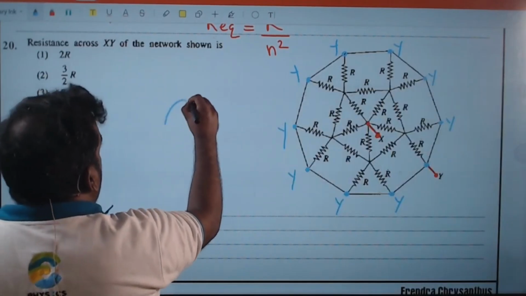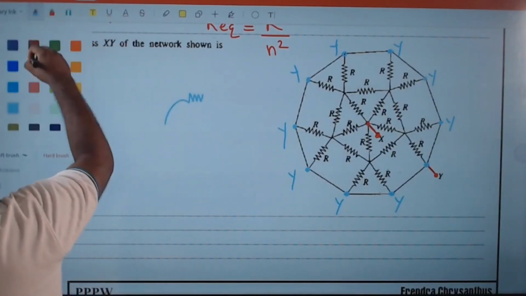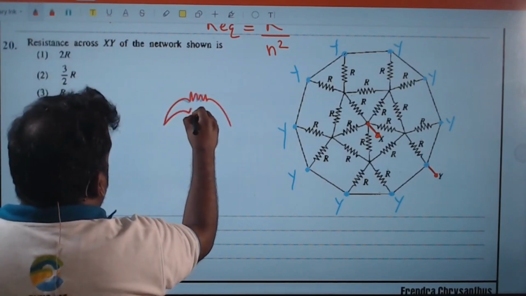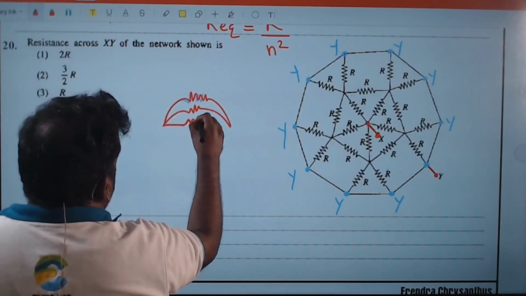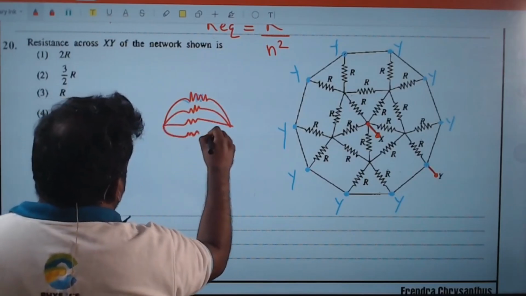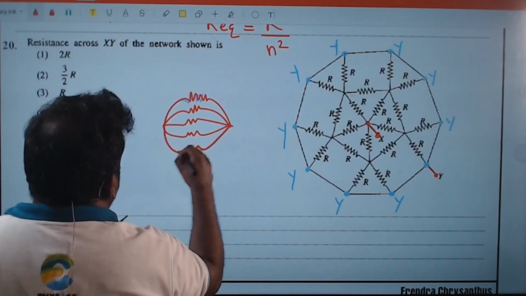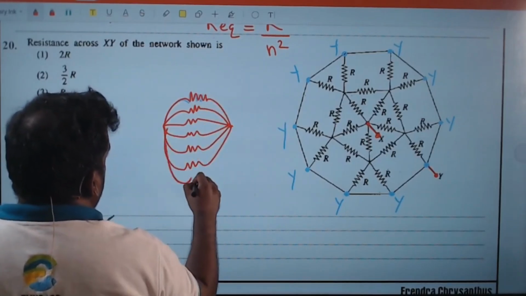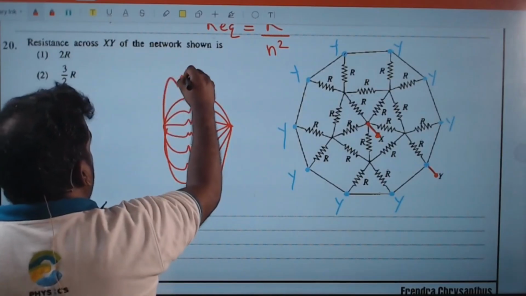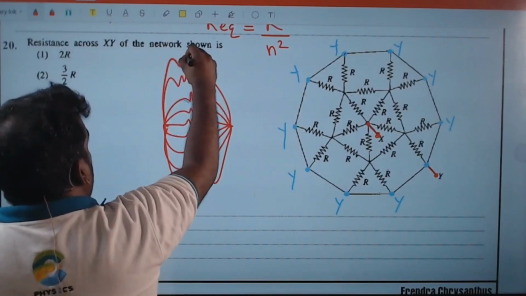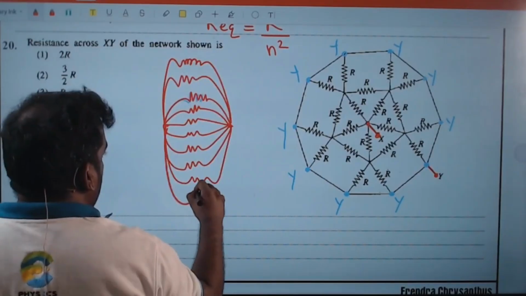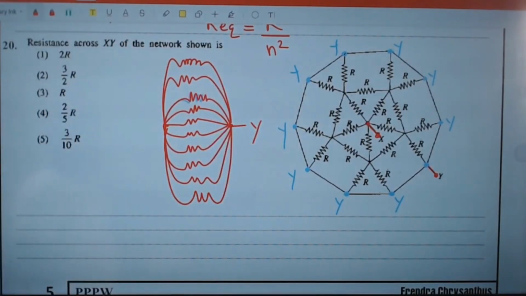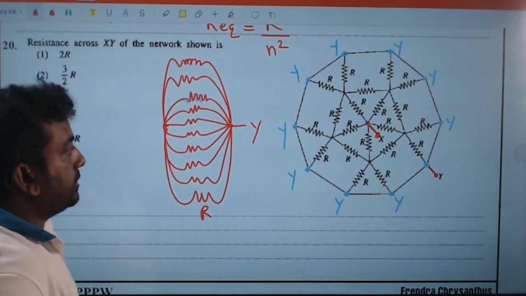So if I draw it here, all 10 resistors are connected parallel to each other. Here you go, Y. All resistors are R.